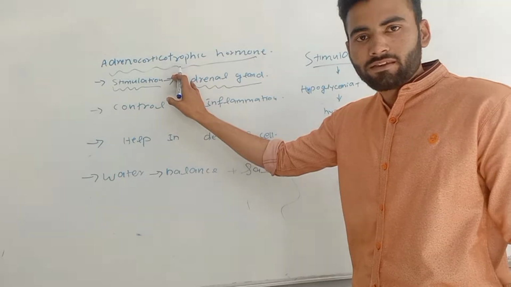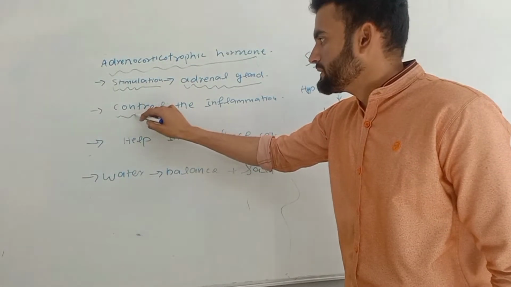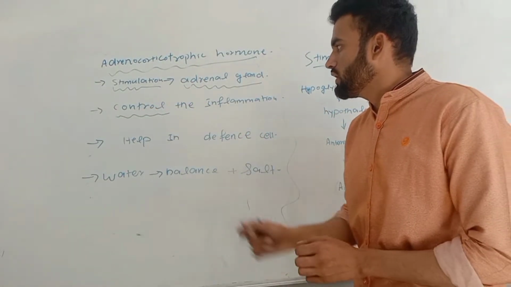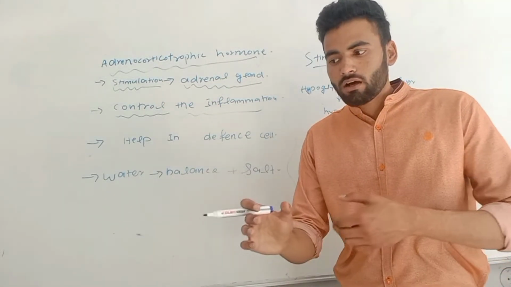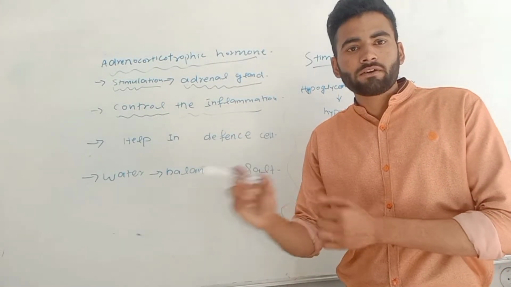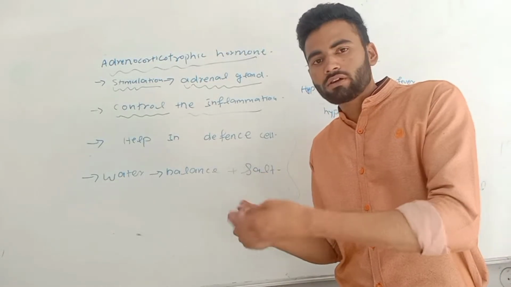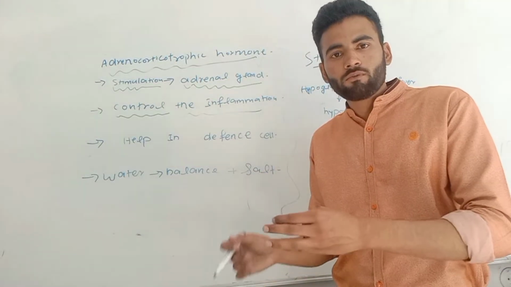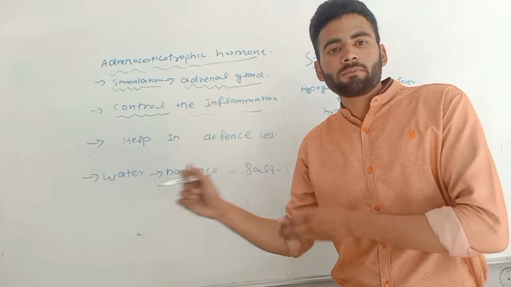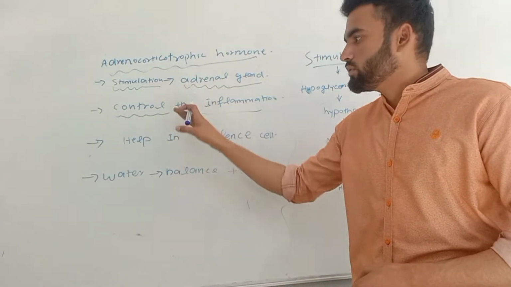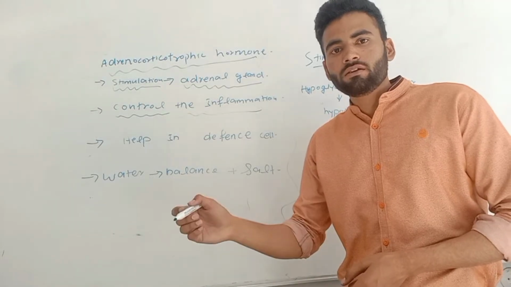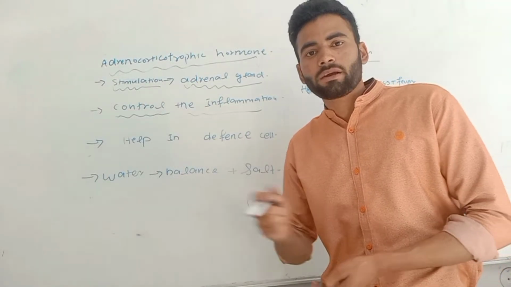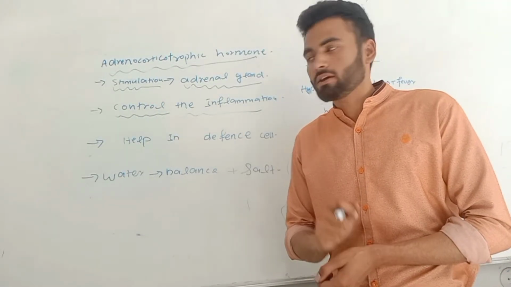Okay, this is the basic function, and they also have some other functions, like they control inflammation. They control the process whenever we have any kind of injury inside our body or on the skin. We know that there is inflammation, and this hormone will also control the process of inflammation, to avoid the further spread of the inflammation inside the body.